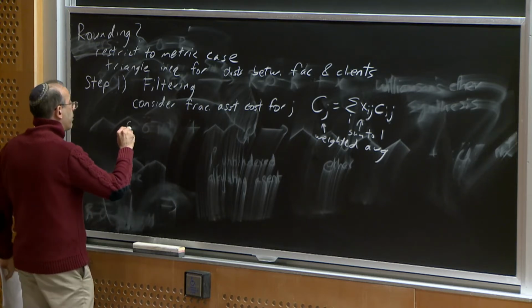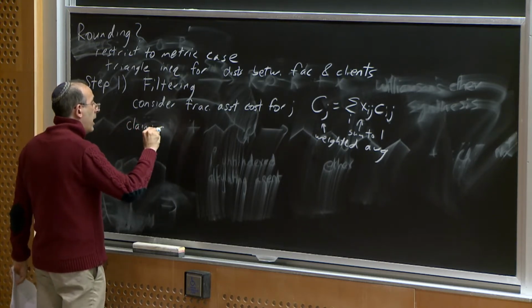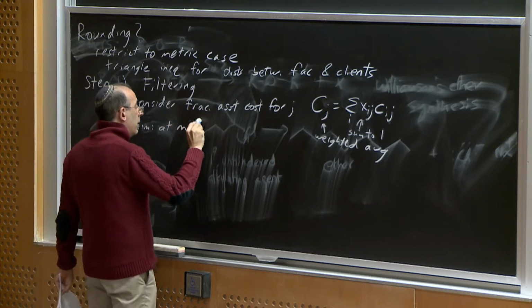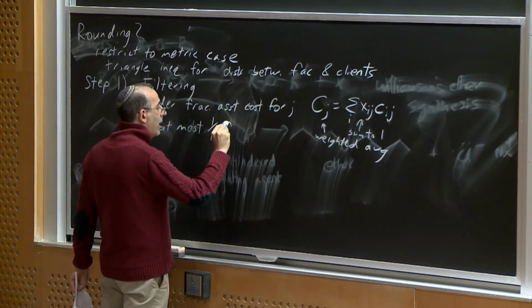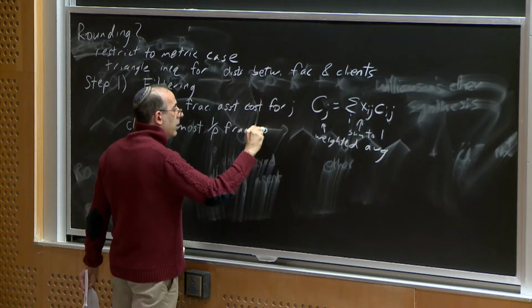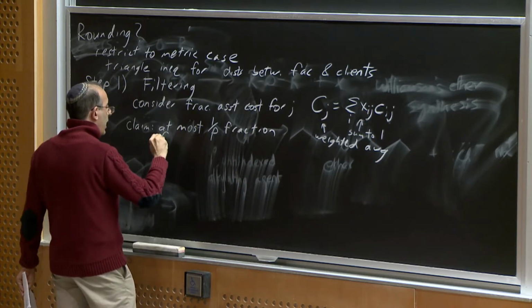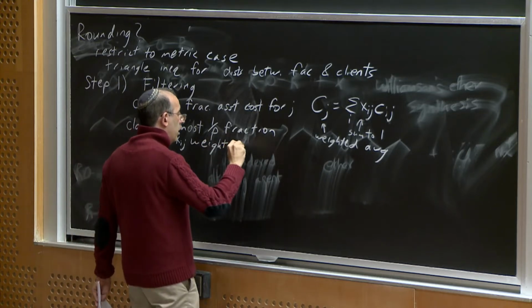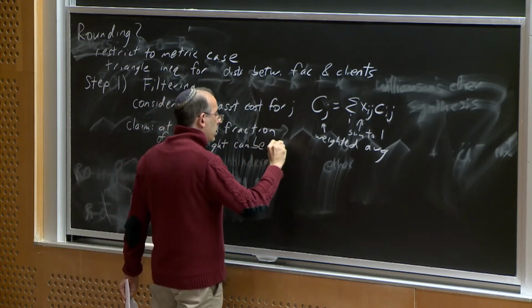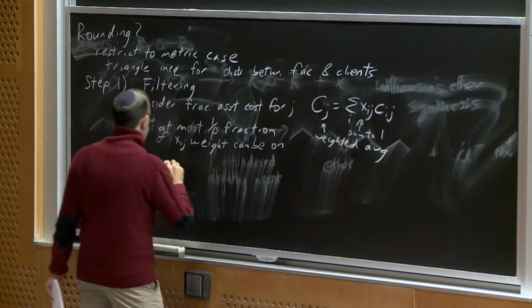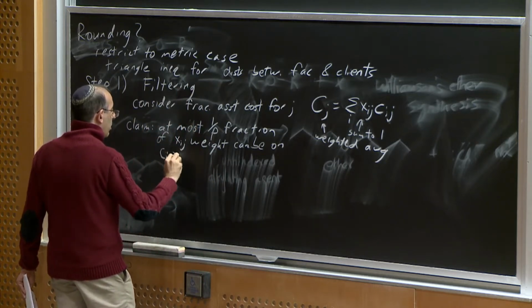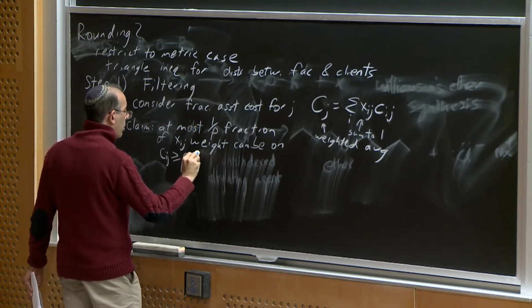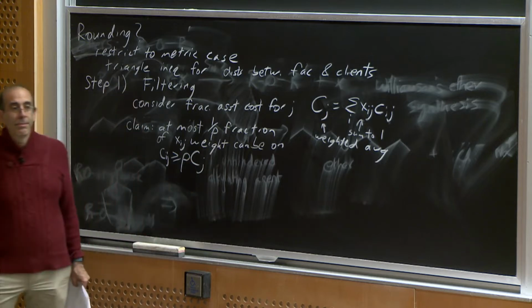Okay. So in particular, I claim that at most, a 1 over rho fraction of the xij weight can be on Cij's that are larger than rho times Cj.